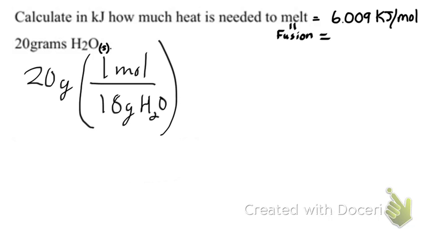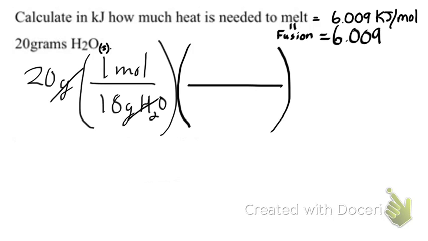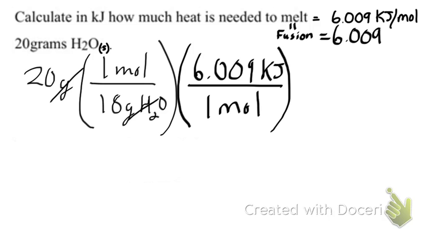Because it's melting, it's fusion, that's why we have the 6.009. So we canceled grams, now we'll need to cancel moles, and up top we'll put 6.009 kilojoules. 20 times 6.009 divided by 18, because if it's on top it's multiplication, if it's on the bottom it's division.